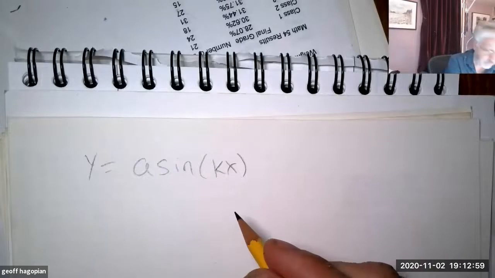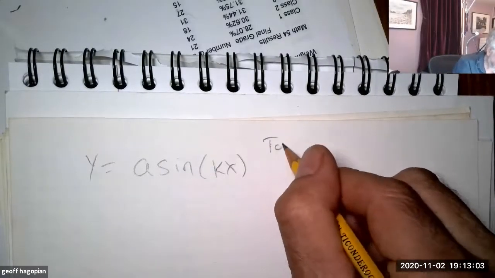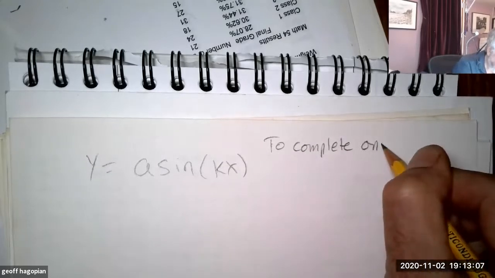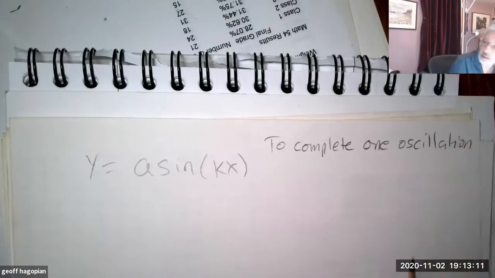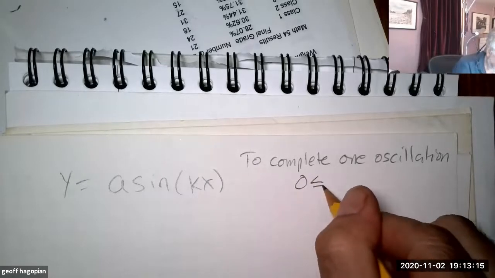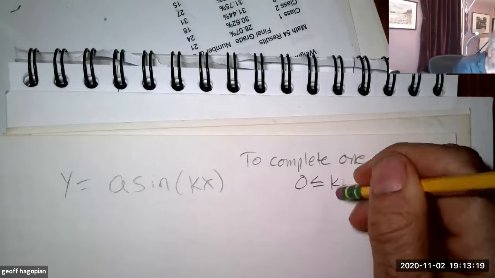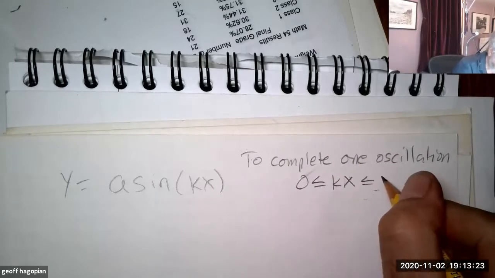Let me write that out. To complete one oscillation, we want the input to go from, sorry, that's x there, from 0 to 2 pi.